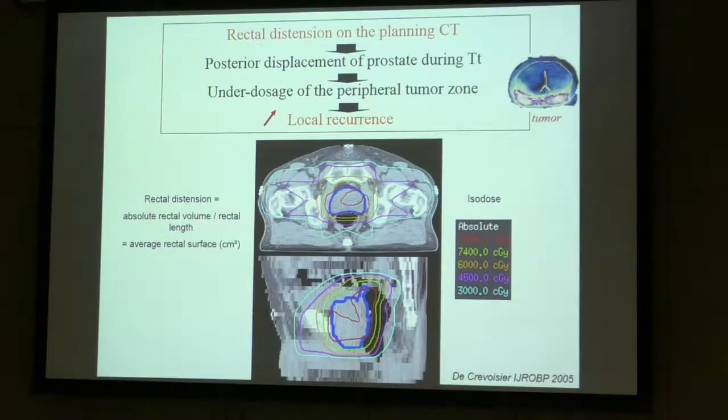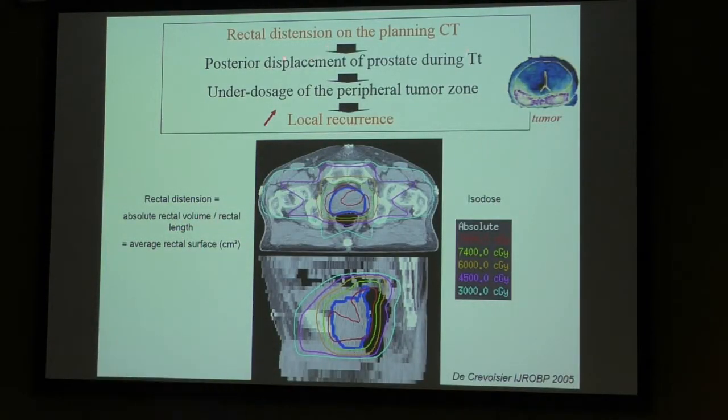And actually what was found is that rectal distension on the planning increased the risk of biochemical failure through an increased risk of local recurrence. Just because, you can see this dose distribution. It was almost 15 years ago, so it's not a nice IMRT planning. But whatever, if you have a rectal distension at the time of the planning, if you do not use any IGRT, the risk is that during the treatment the prostate moves posteriorly, and the tumor is located inside the prostate completely posteriorly.